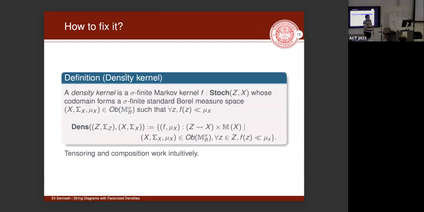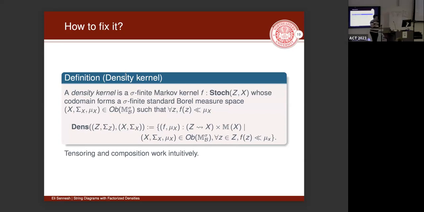So the way that I ended up fixing this was really just to follow the recipe that I showed before, but give it its own proper definition and say, all right, let's have Hom sets for this semi-category. They're going to consist of pairs of Markov kernels with sigma finite base measures. In order to make sure that everything goes through and we can generalize later, we're going to assume that the residuals are into standard Borel spaces.